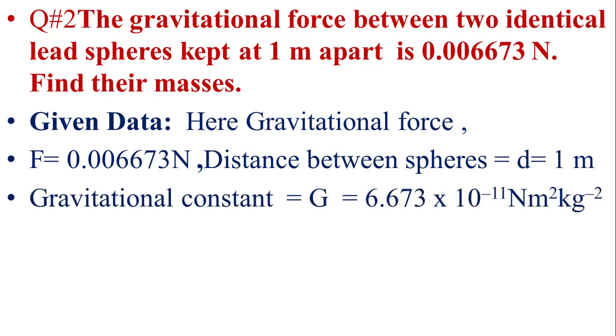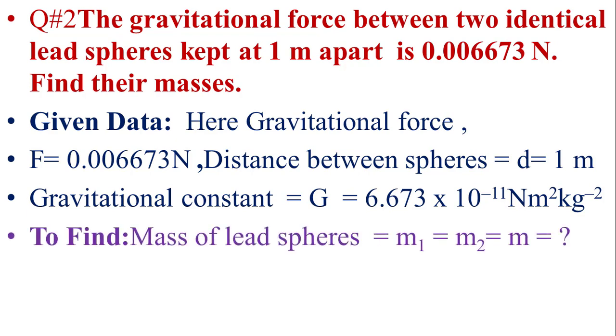The gravitational constant is denoted by capital G. Its value is always constant: 6.673 multiplied by 10 raised to power minus 11 Newton meter square per kg square. To find the mass of the sphere: m1 is equal to m2 is equal to m, because both spheres are identical.